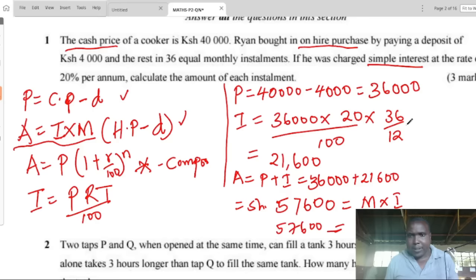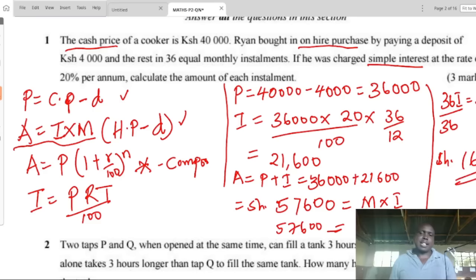So to get installments each month, 36 installments is equal to 57,600. Now you divide by 36 both sides. So the monthly installment per month is equal to shillings 57,600 divided by 36, you get that it is Kenya shillings 1,600 per month.